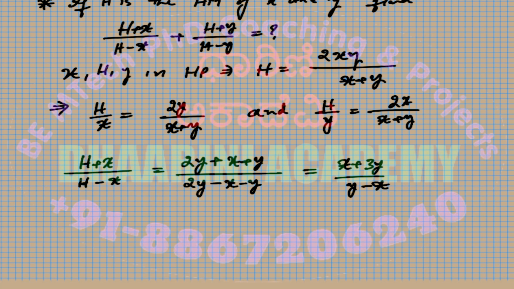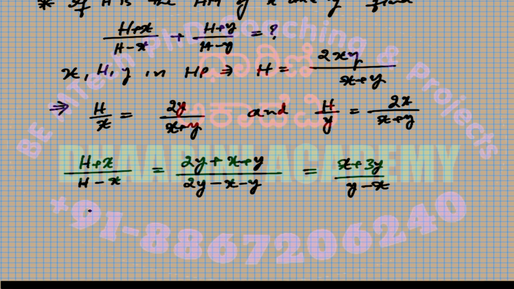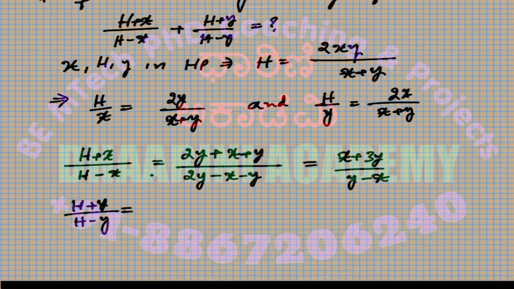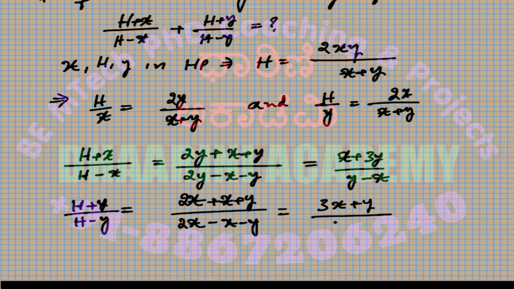Once again, I'm using the componendo dividendo. All right. So let's apply. So this implies I want to calculate H plus Y by H minus Y. Do the same thing. H can be represented simply as 2x, and I need y, so y can be plus x plus y. And H minus Y is 2x minus x minus y. So my answer will become 3x plus y all divided by x minus y.